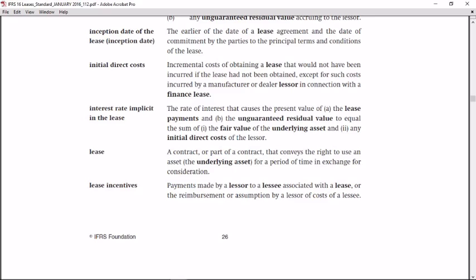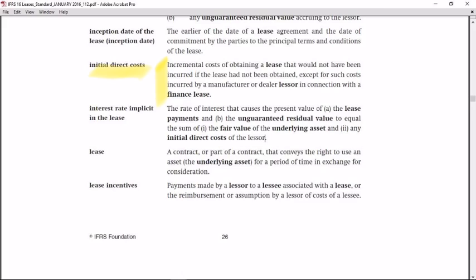This is an extract from Appendix A of IFRS 16, and I want to refer you to specific key terminology applicable to the section we're dealing with. First of all, the definition of initial direct costs. It is any incremental costs of obtaining a lease that would not have been incurred if the lease had not been obtained, except for such costs incurred by a manufacturer or dealer lessor.